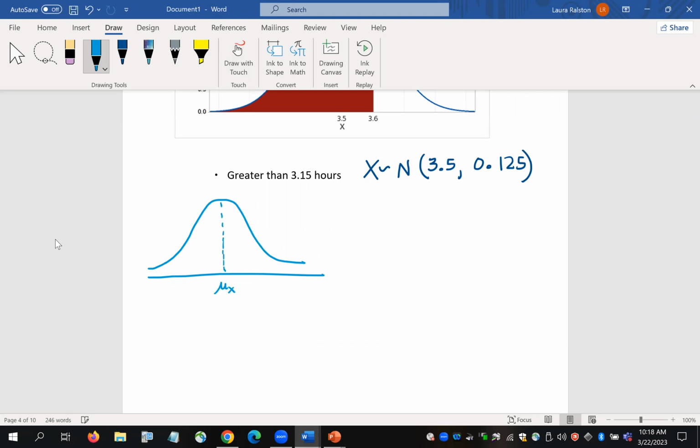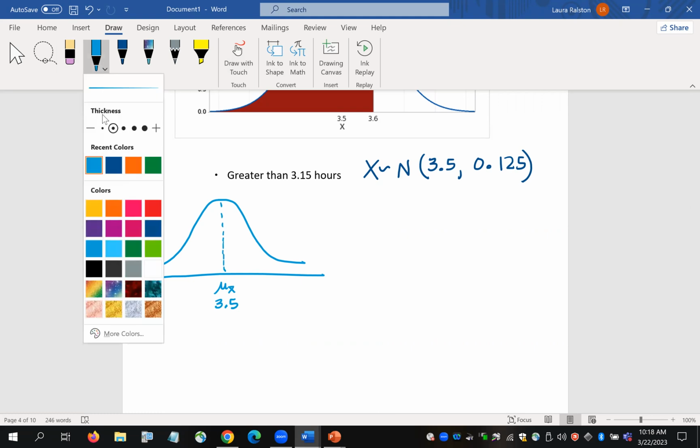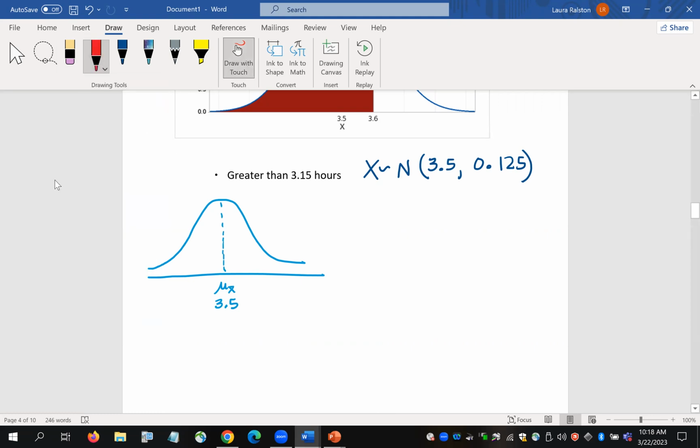The mean is 3.5. I want to know the probability I'm greater than 3.15. Greater than is going to be to the right, so we're looking for this red shaded region to the right of 3.15. Because we're to the right, this is called a right tail.